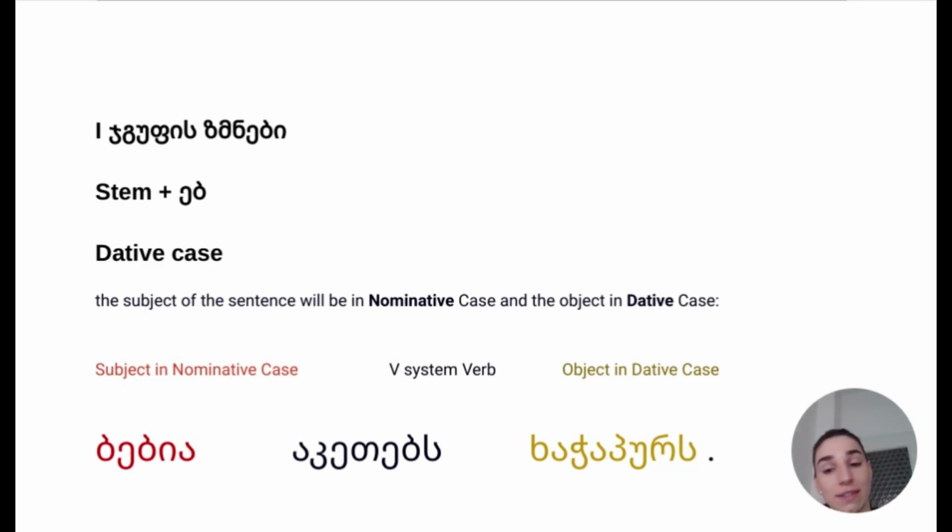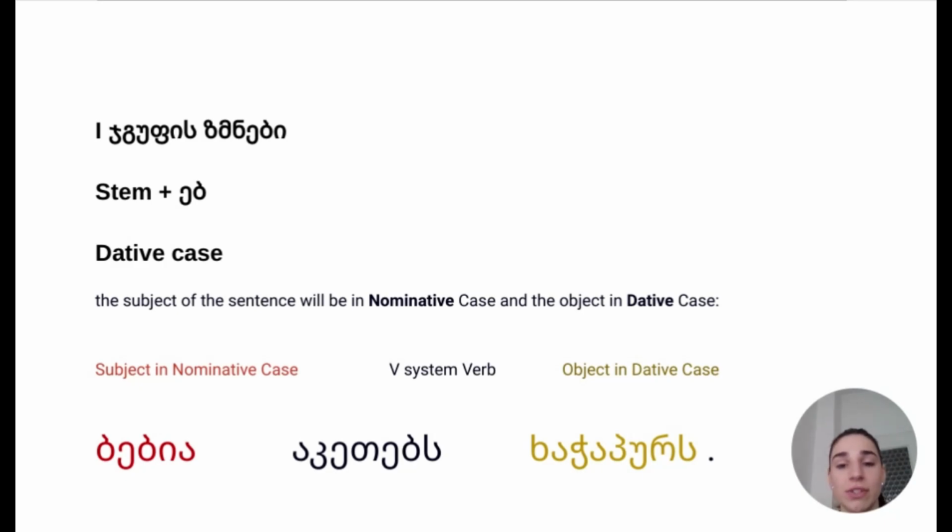For example, instead of speaking in an abstract way, we have the sentence "Bebia agetips khajaburs." Bebia agetips khajaburs. In red, we have bebia, the subject, which in the present tense is in the nominative case.